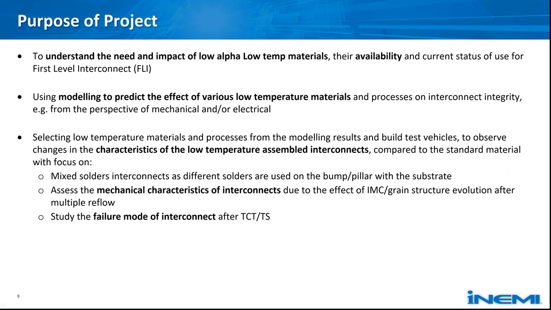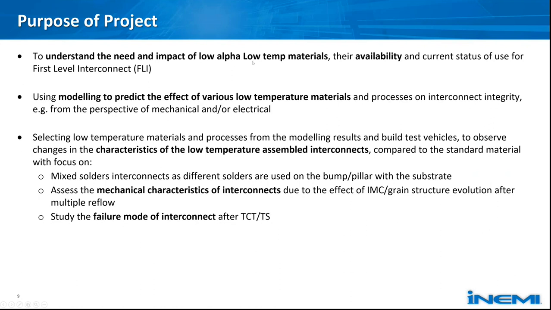So the purpose of the project, and this will step into how we are scoping out this project in multiple phases on the next slide. The purpose of the project first and foremost is to understand the need and impact of low alpha, low temp materials, their availability, and the current status of use for first level interconnect.